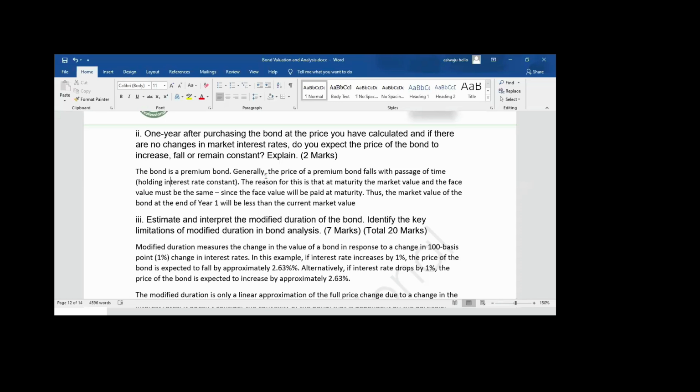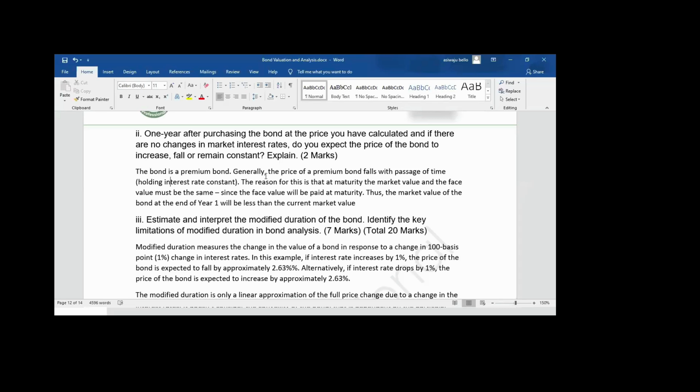Let me also say that this is the first time a question on modified duration is coming. To me as a lecturer, I understand now that ICAN is going to other aspects of bond valuation. Bond valuation is very wide.